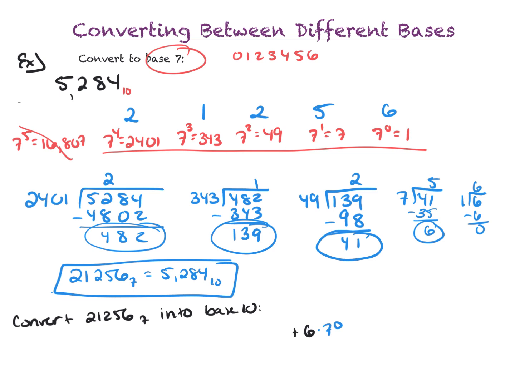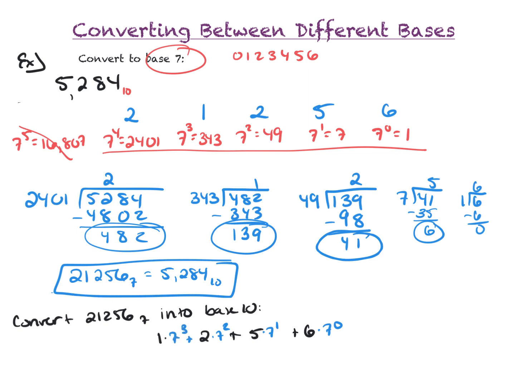And right here we've got 5 times 7 to the 1s. And we've got 2 7 to the 2s. We've got 1 7 to the 3.